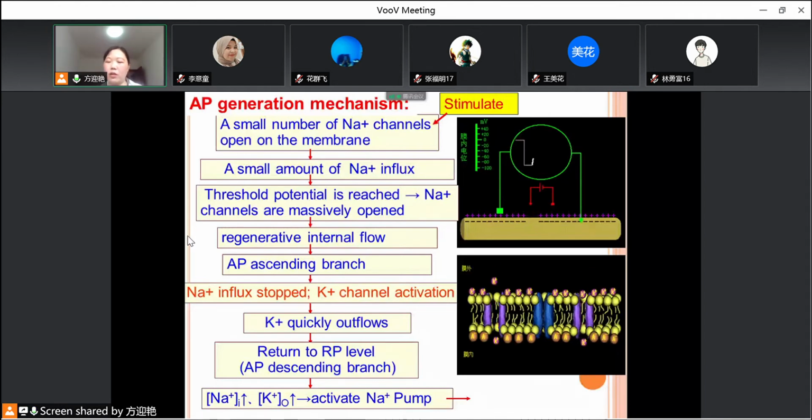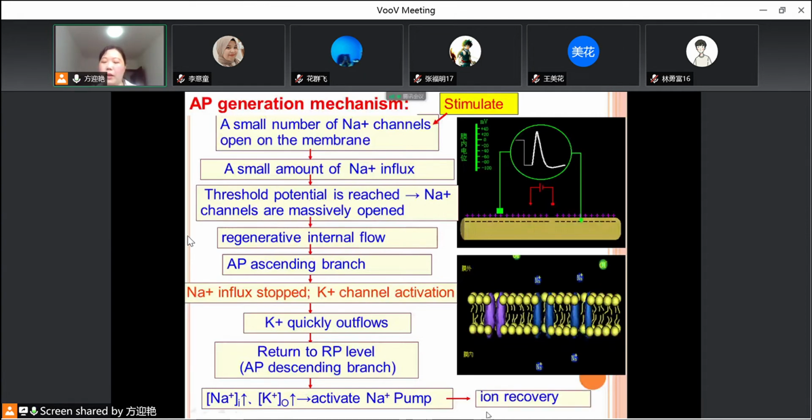Then the sodium-potassium pump is activated, pumping two potassium ions into the cell and three sodium ions out of the cell. The ion concentrations are recovered, back to the resting state. So this is the action potential generation mechanism.